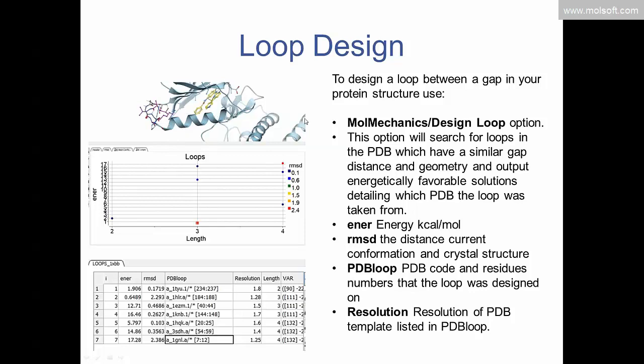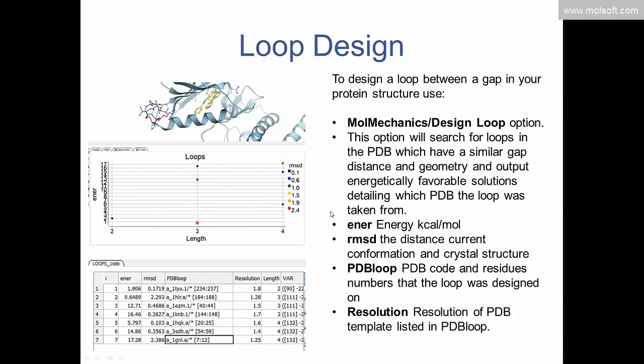To do that, you need to use the option Mol Mechanics Design Loop. The option will search for loops, again, in the PDB, which have a similar gap as we were doing earlier, and similar distance and geometry, and it will output energetically favorable solutions, and it will tell you which PDB it came from.